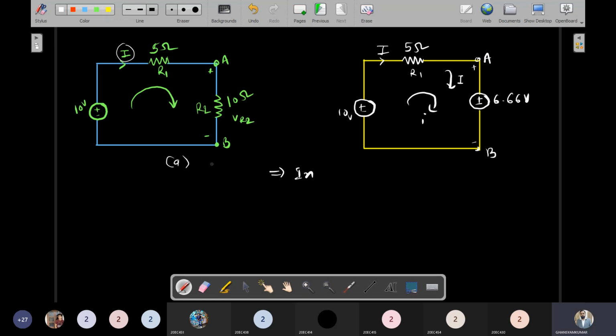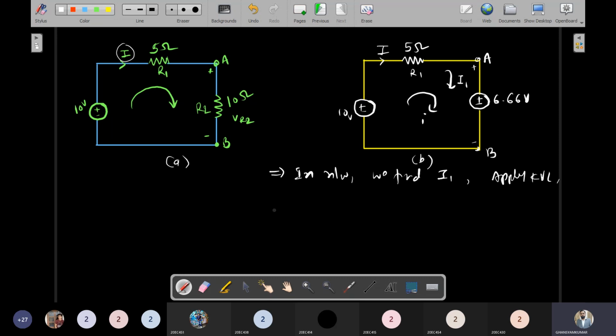Suppose this is network A and this is network B. In network B we find I1 now. To find that, let us apply KVL first.